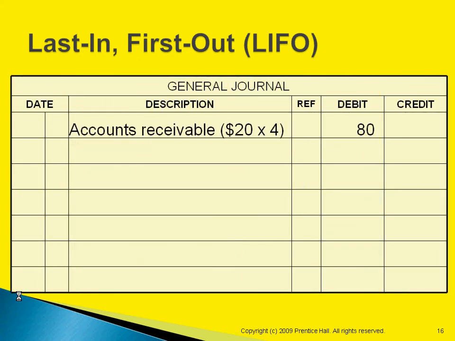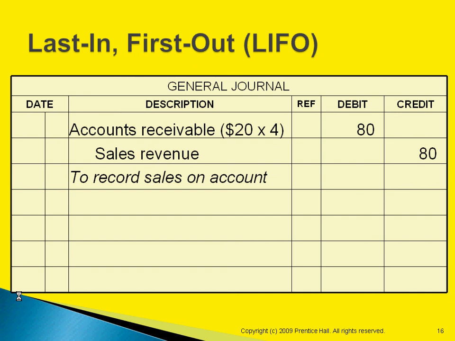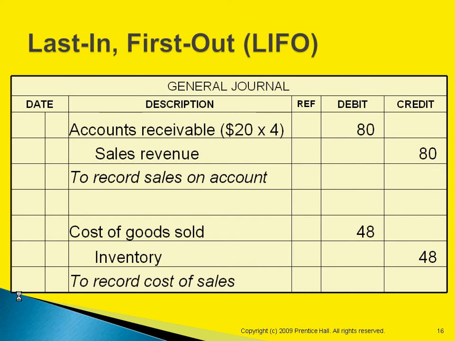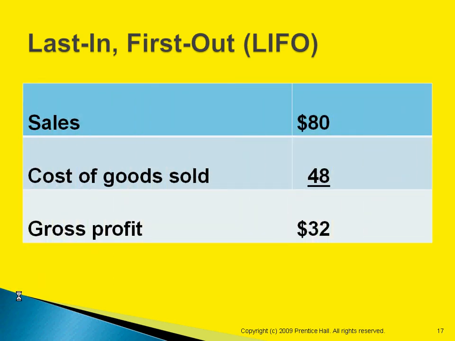So journalizing that on slide 11, same initial entry. Debit the accounts receivable for $80, credit the sales revenue for $80 to record the sales on account. Next, we record the cost of the inventory. We debit the cost of goods sold for $48. We credit the inventory for $48 to record the cost of sales. Our simplified income statement, we have our sales of $80 less our cost of goods sold of $48.